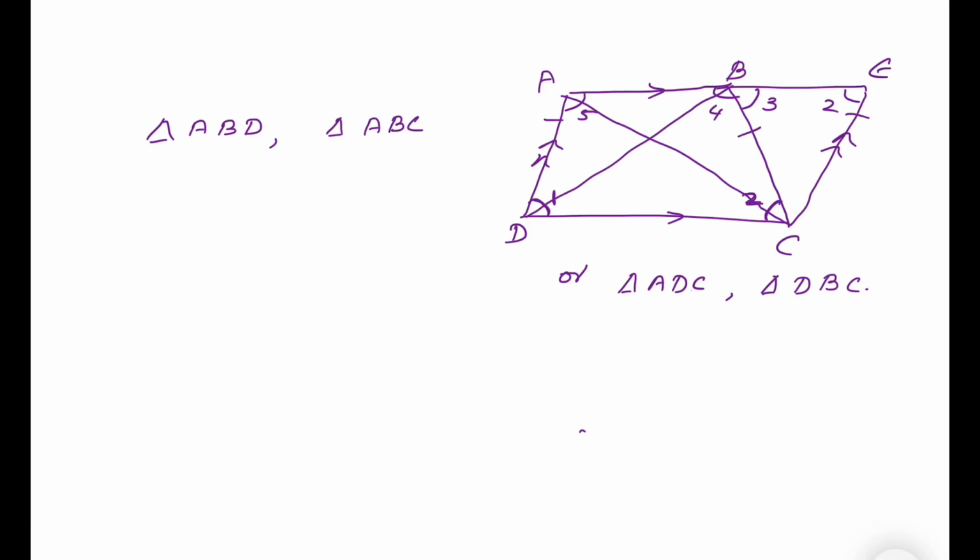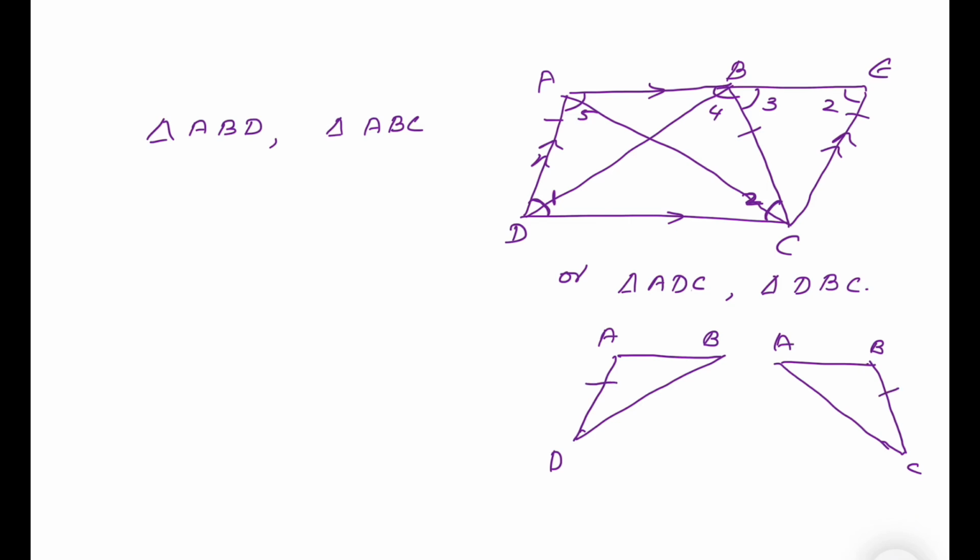If you are getting confused with that figure, you can draw it like this. This is ABD, ABC. You can mark also AD is equal to BC, we know, and we have proved angle A equals angle B, and AB will be common.